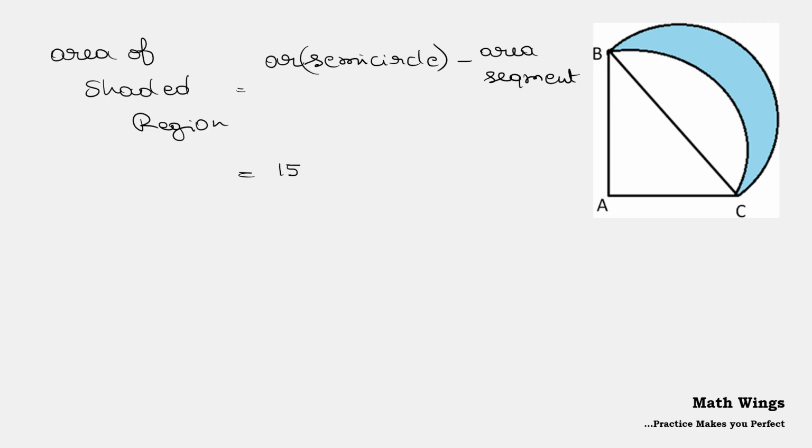It is 154 centimeter square minus, what's the area of segment? It is 56 centimeter square. Therefore, area of the shaded region is equal to 98 centimeter square. You can write area of shaded region is equal to 98 centimeter square. Hope all of you are clear with this problem. Let us move on to the next one.